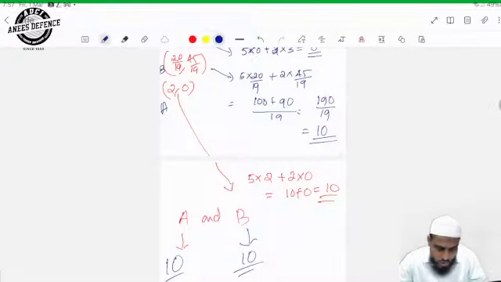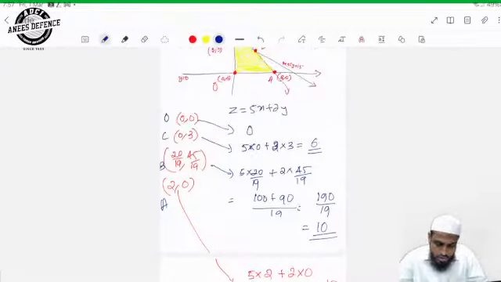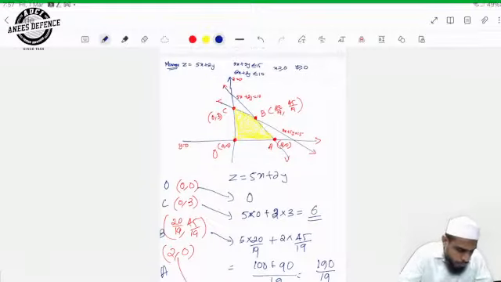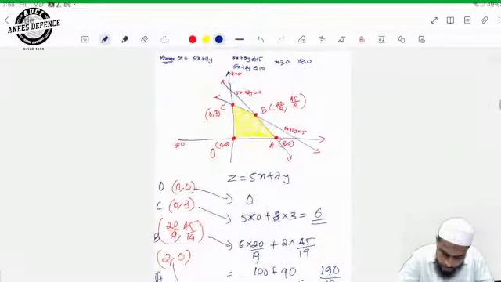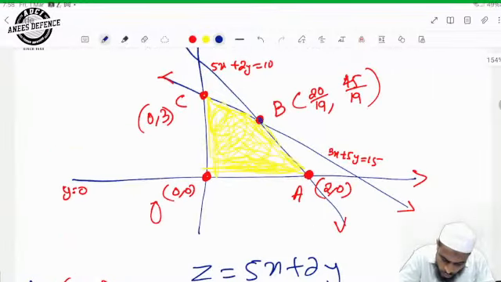In two corner points you are getting the same value. Then you can say that in this point also you are getting value 10, and here also you are getting value 10.